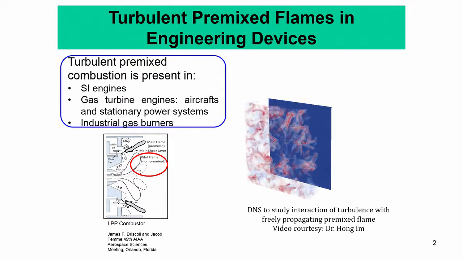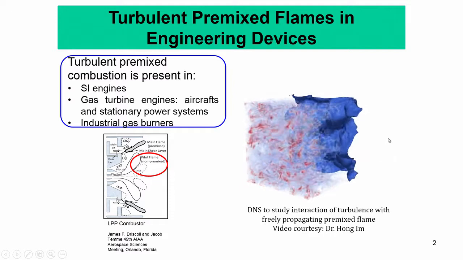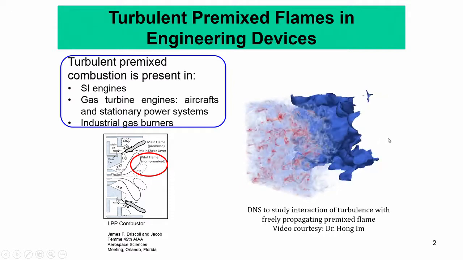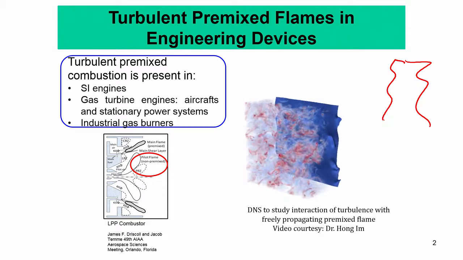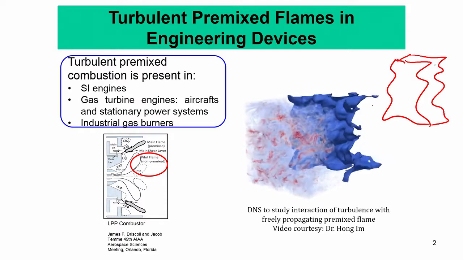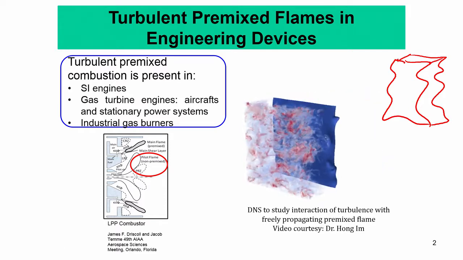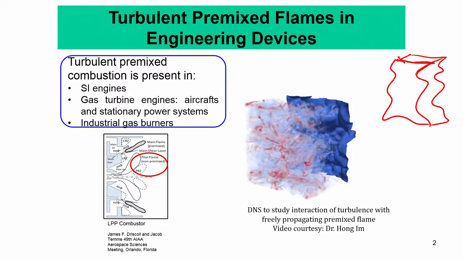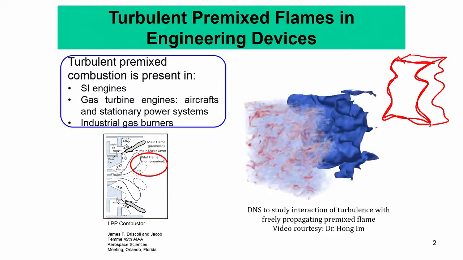The actual flame is thicker, so if you take the structure, it will be a thicker object, but what we have taken is just one surface out of it, and we are showing how the turbulence interacts with the flame.